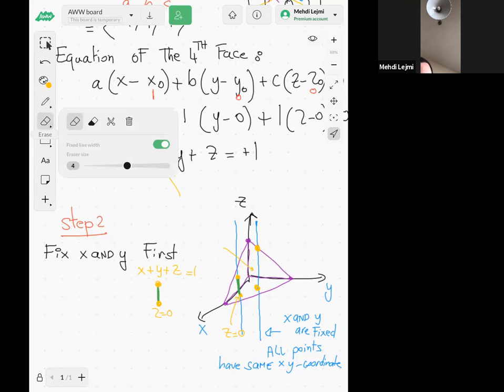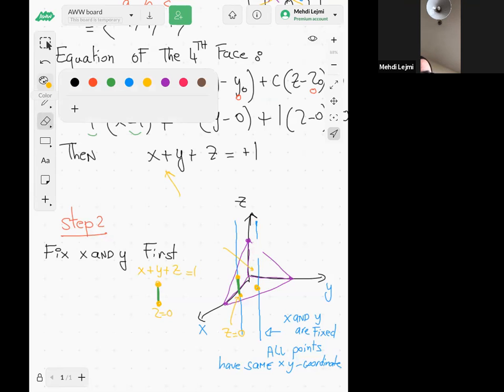So the other point, this intersection, shouldn't be here. It should be probably somewhere here. So it's going to intersect this fourth face, X plus Y plus Z equals 1.